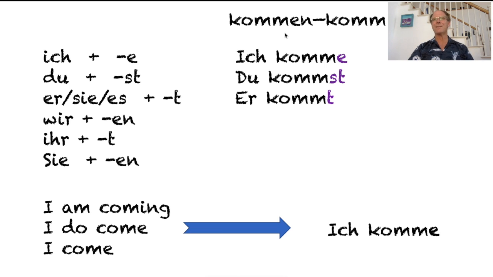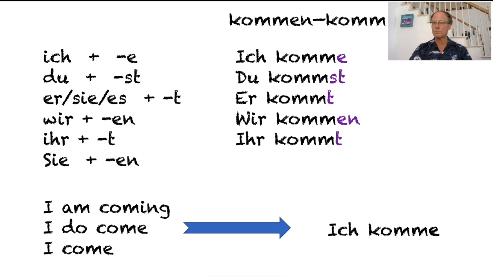Or you can think of that as adding an en ending. So if you want to say we are coming, or we come, you would say wir kommen. If you want to say y'all are coming, then you would say ihr kommt. And if you want to say they are coming, or Mr. Smith, you are coming, you'd say sie kommen.